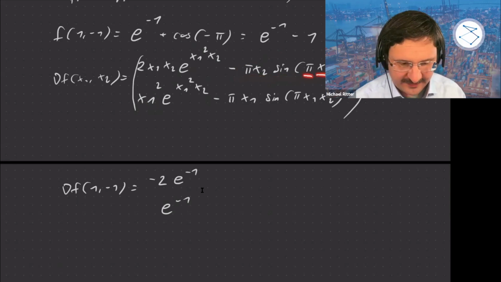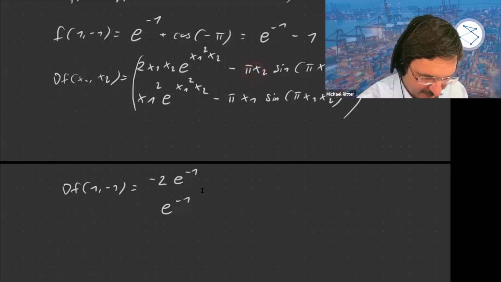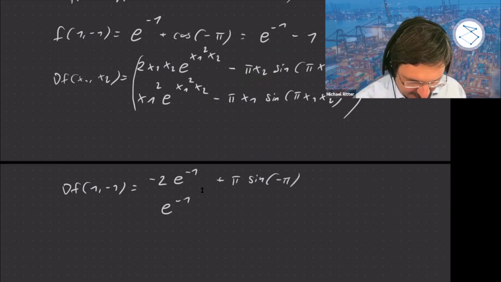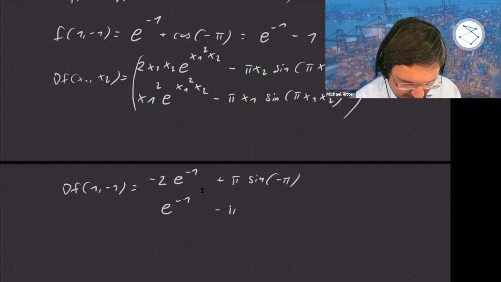And that last part here, so here we have x1 times x2, that's minus 1. So we get a sine of minus pi times minus pi here. So that's plus pi sine of minus pi. And here we get pi times 1. So that's minus pi sine of minus pi.